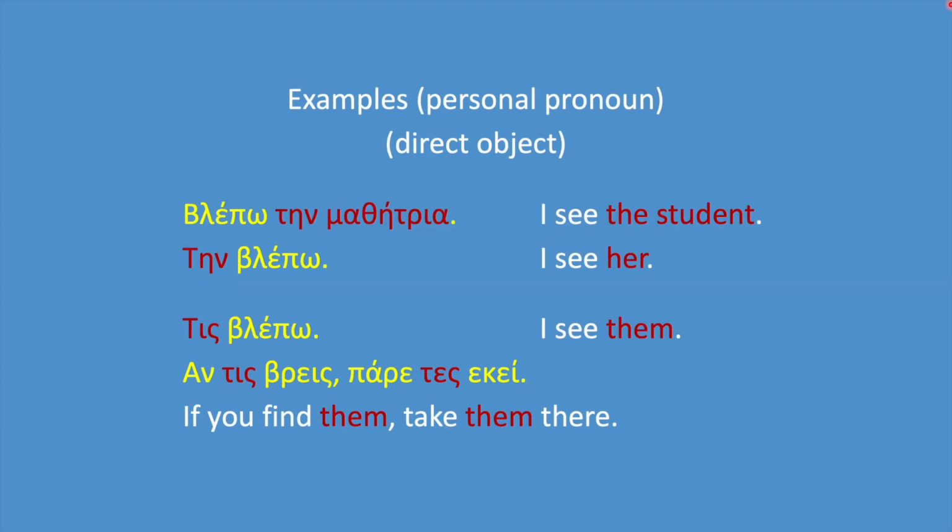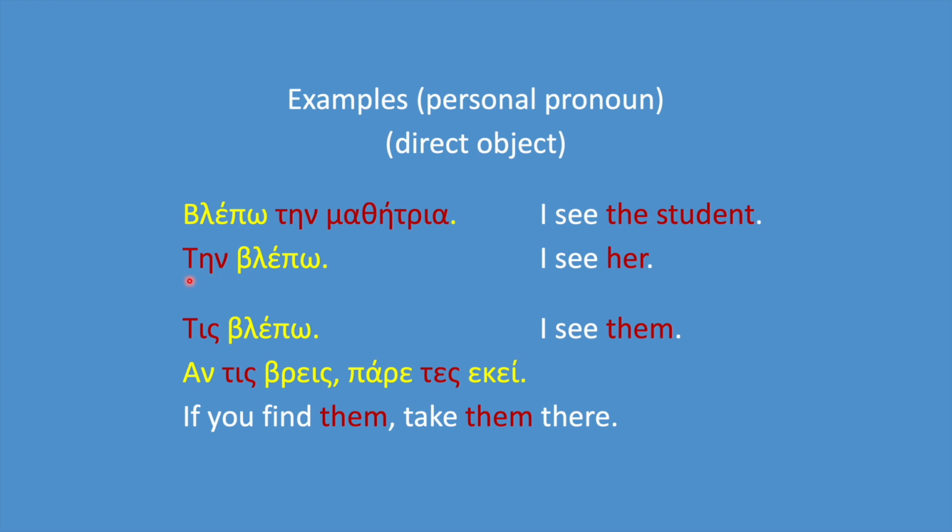We mentioned that these forms can also be used as personal pronouns. In the previous slide, we had this sentence. Βλέπω την μαθήτρια. I see the student. If we replace the noun την μαθήτρια with the pronoun, we get την βλέπω. I see her.